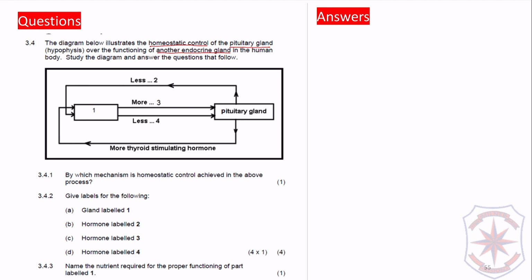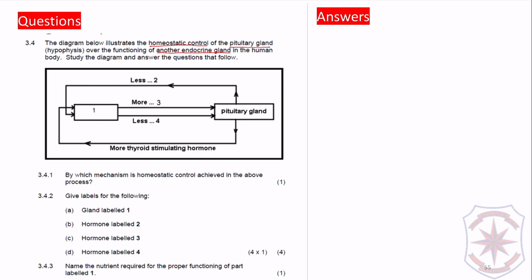Why? Because it does not show the glands. So this is not a model of a human being. It means that you need an in-depth understanding of the negative feedback between TSH and thyroxin to be able to contextualize this. So it does not include a drawing, so it's a bit more complicated.